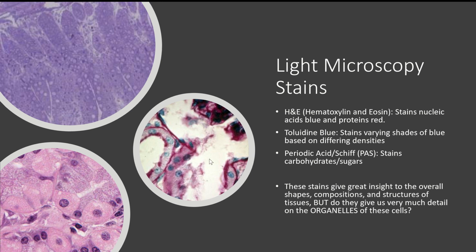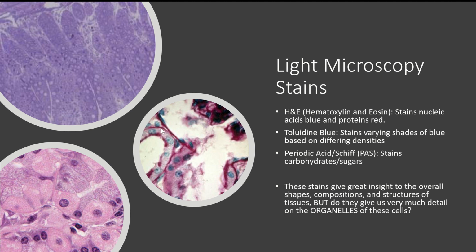So in this one, you can see here, these bluish areas are going to be the nuclei of the cell, and you can see this kind of outline around these cells, right? That tells you this is a very sugar-rich area, okay? And what's very sugar-rich and picking up the stain here is actually going to be the cell membrane.